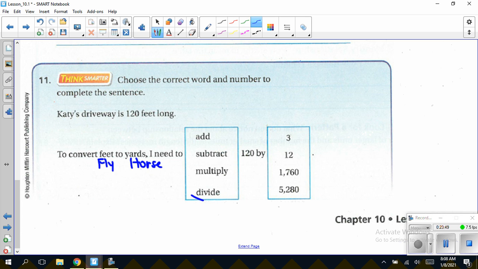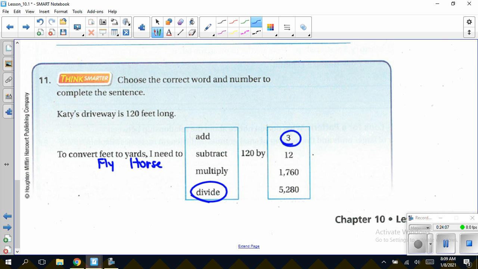I need to divide, of course. So I will be taking 120 divided by, and then I have to remember how many feet are in a yard, which would be 3. So like I said, that is similar to a question that you will have on your test.